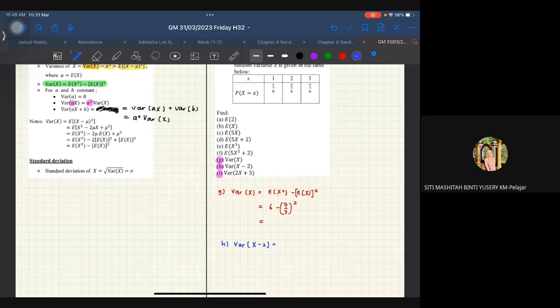Do you still need more time? Kalau perlukan masa, sila angkat tangan. Okay, ada beberapa orang. Okay, so saya bagi lagi a minute. 30 seconds.